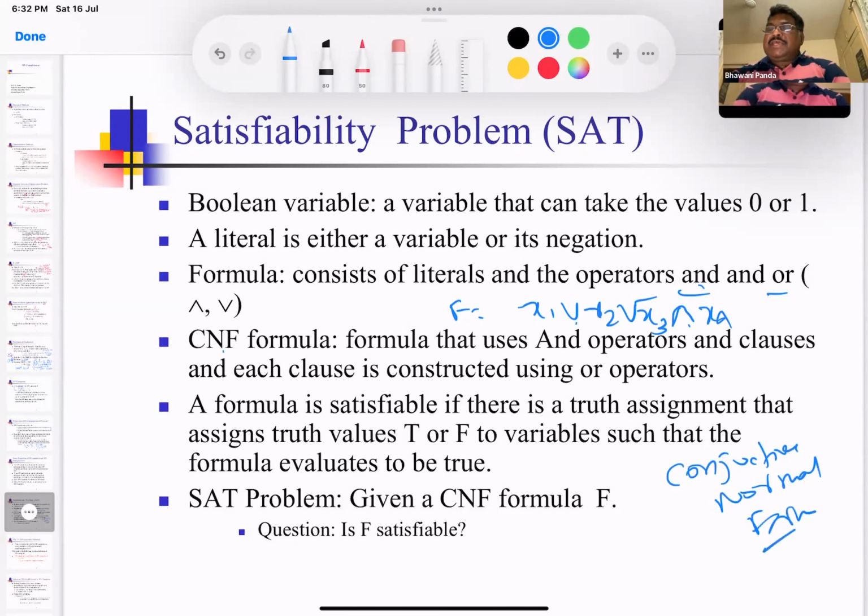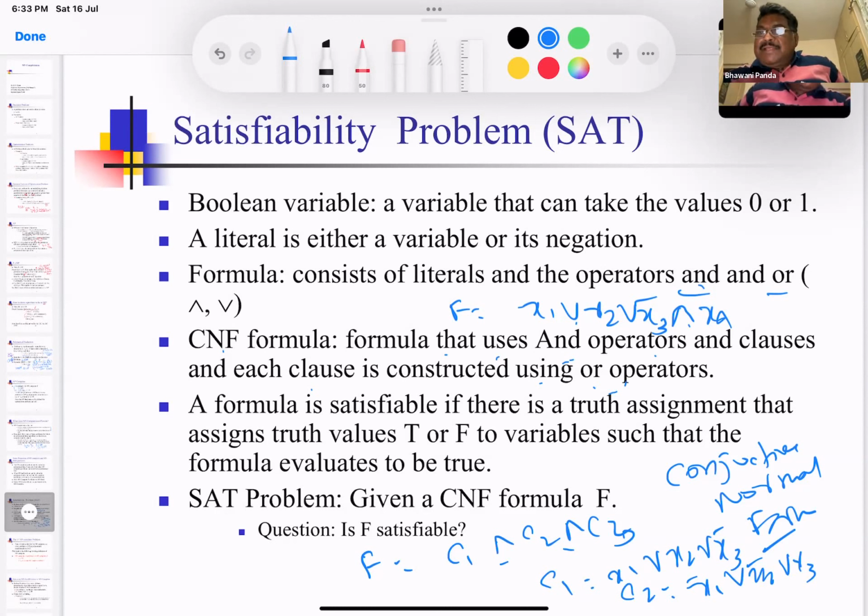So this uses the AND operator over clauses C1, C2, C3, where C1 is, say, X1 or X2 or X3 bar, and C2 is X1 complement or X2 complement or X3, like this. Another thing is that given any formula, it can be converted into a CNF formula. And now the SAT problem is: given a CNF formula F, is F satisfiable?